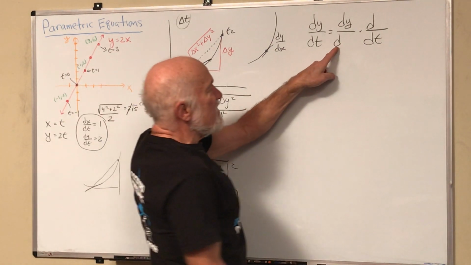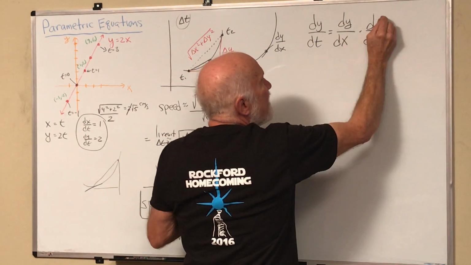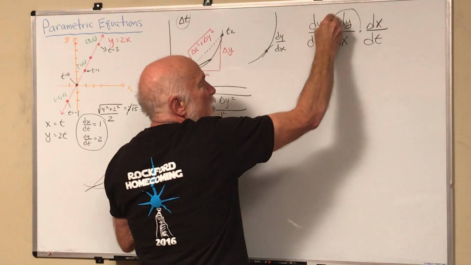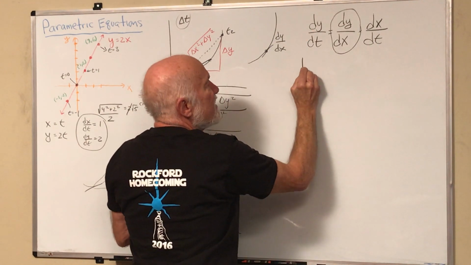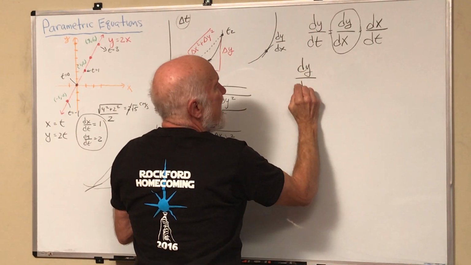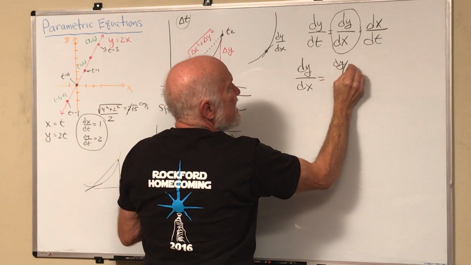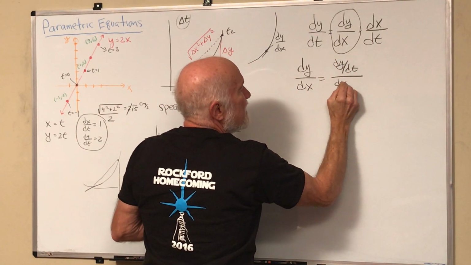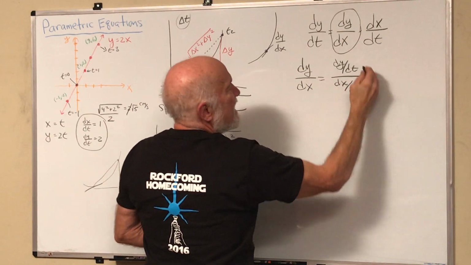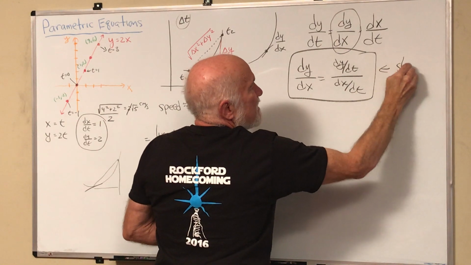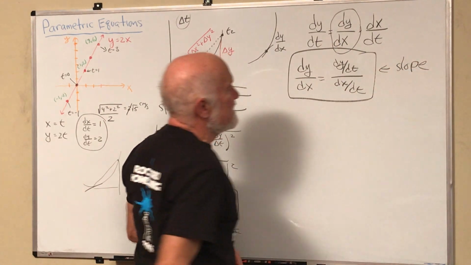So what do we want this time? We want an x here, because this is what we're trying to solve for, dy/dx. So we get dy/dx equals dy/dt divided by dx/dt. So now we have a way of getting slope.